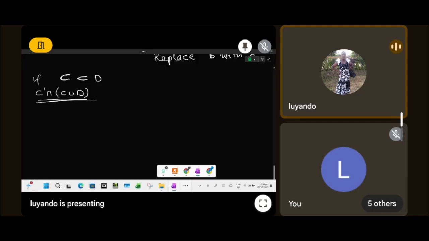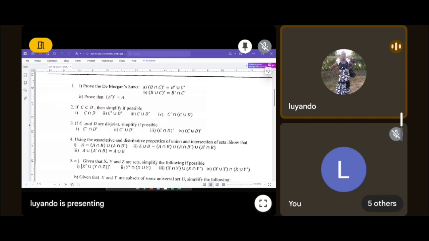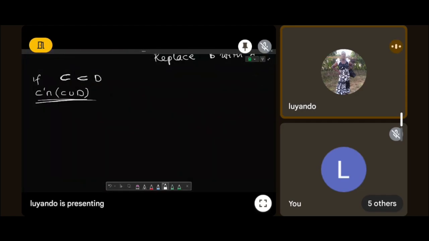I'm hoping that we've all seen the question. The question is saying if C is a subset of D, then simplify if possible. So we need to simplify this.